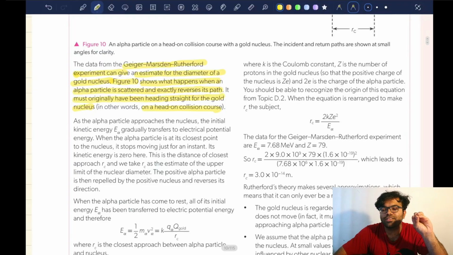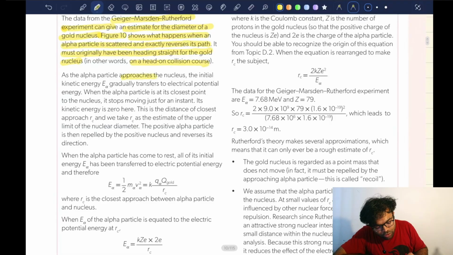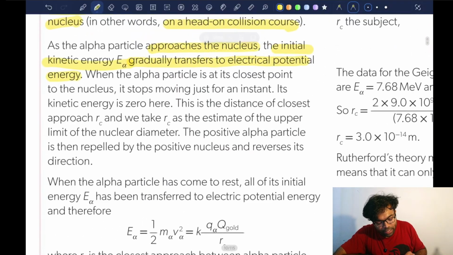That is the distance of closest approach that the alpha particle can have. So as the alpha particle approaches the nucleus, the initial kinetic energy, KE alpha, gradually transfers to electrostatic potential energy. When the alpha particle is at its closest point to the nucleus, it stops moving just for an instant.